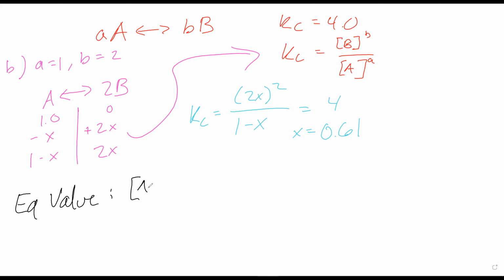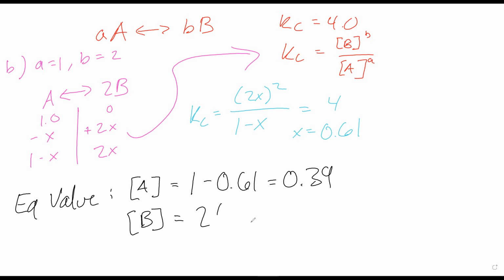We have a concentration of A being 1 minus just 1x this time, which gives me 0.39. And the concentration of B is 2 times x, which gives us 1.22.